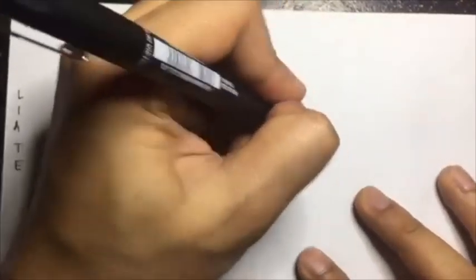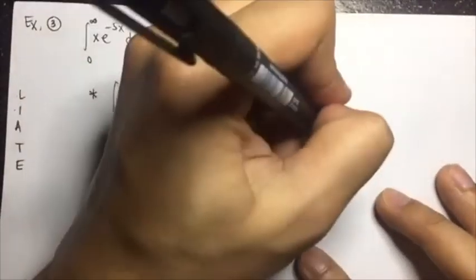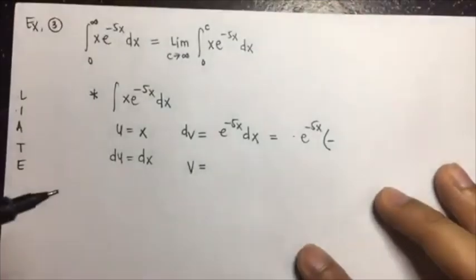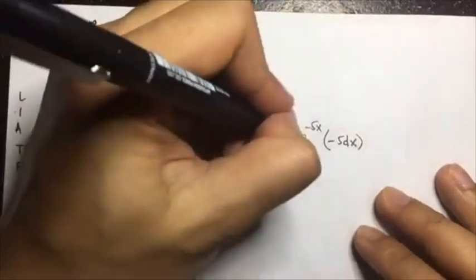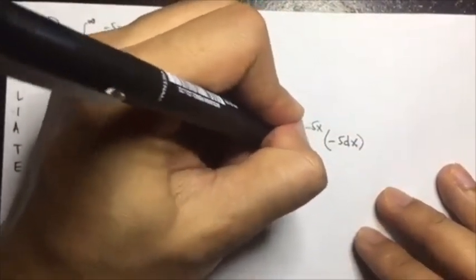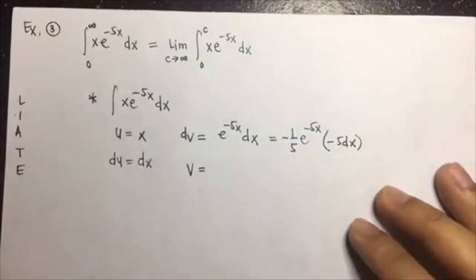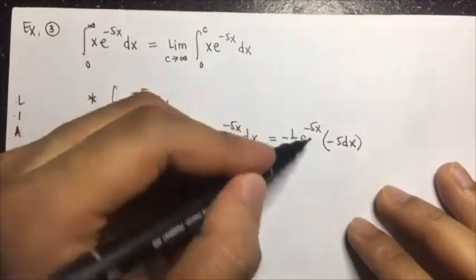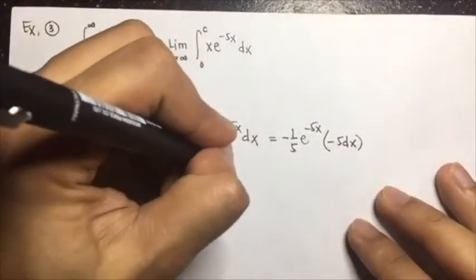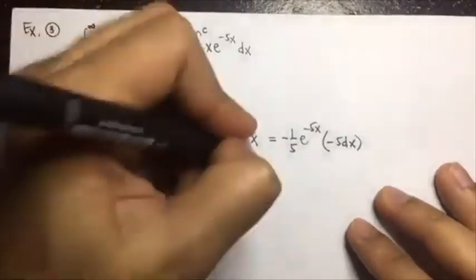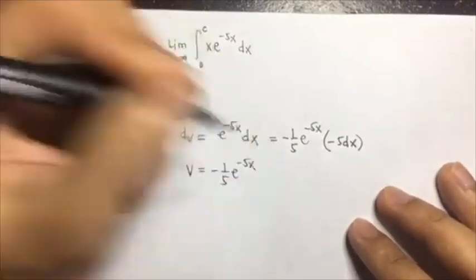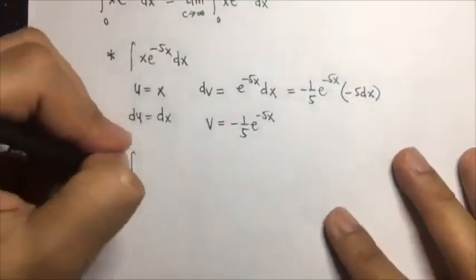To complete the differential, it should be negative 5 dx. Since we put negative 5, outside we put negative 1 over 5, so that we can integrate this part. So v is negative 1/5 e to the negative 5x.